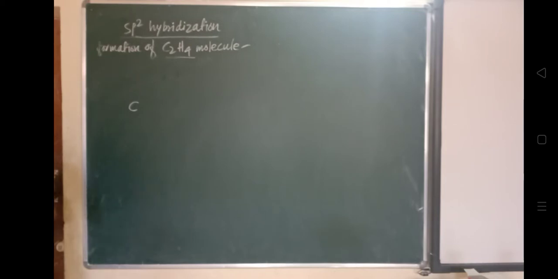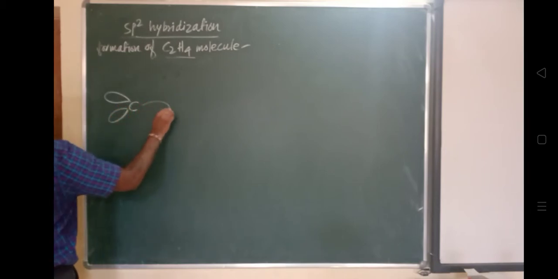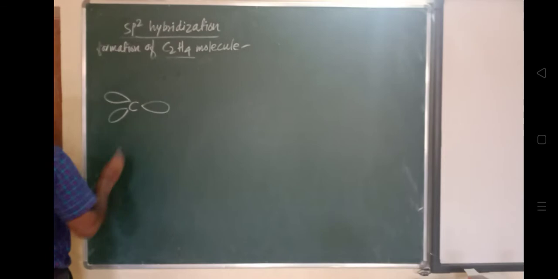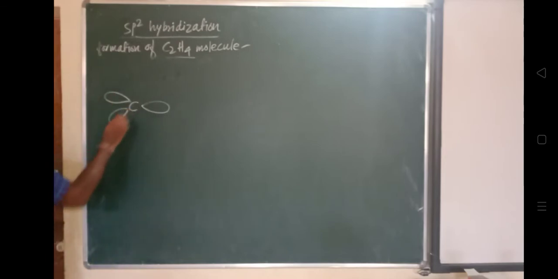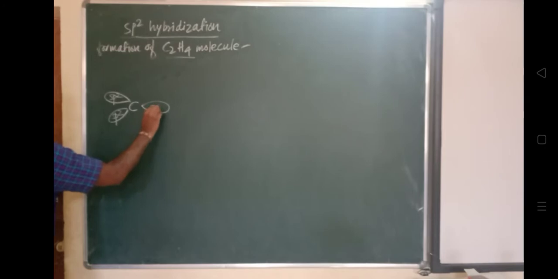And this is the unhybridized p orbital, because we have seen that in the excited state, carbon forms like this: one s orbital, and it forms 1, 2 and 3.